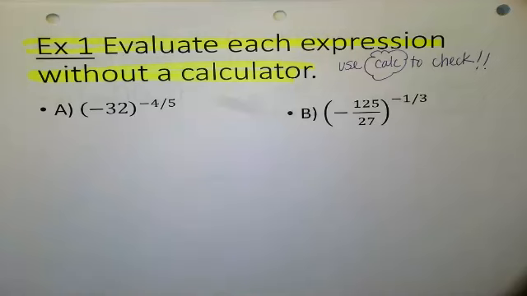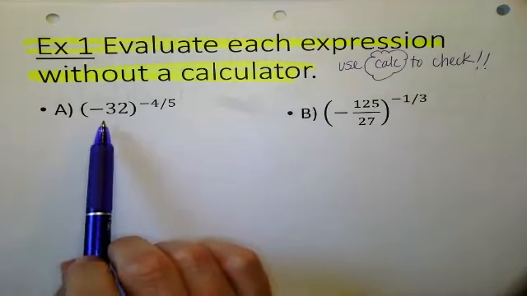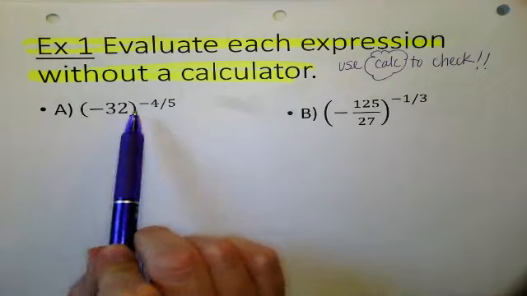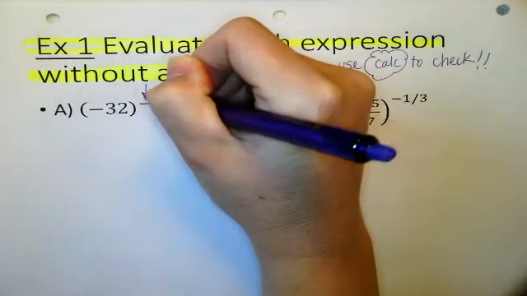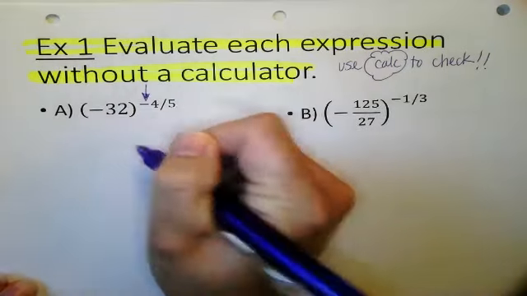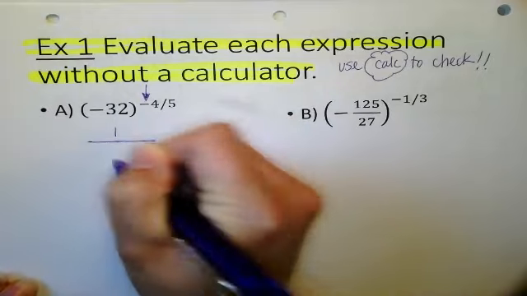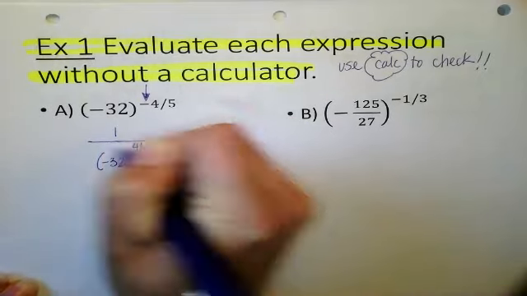So first of all, we have this little problem here, negative 32 quantity to the negative 4/5 power. Well, first of all, what does a negative exponent do? That's going to create a fraction. That's going to say, hey, drop this whole thing down into the denominator.